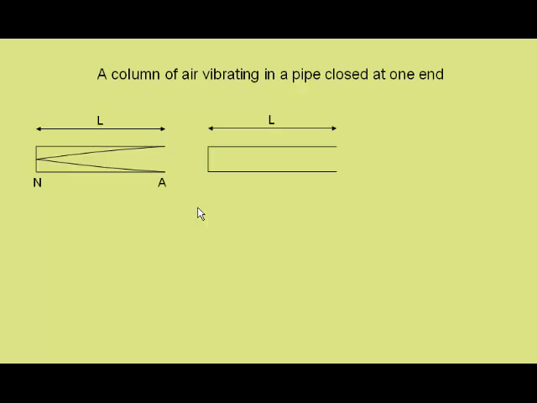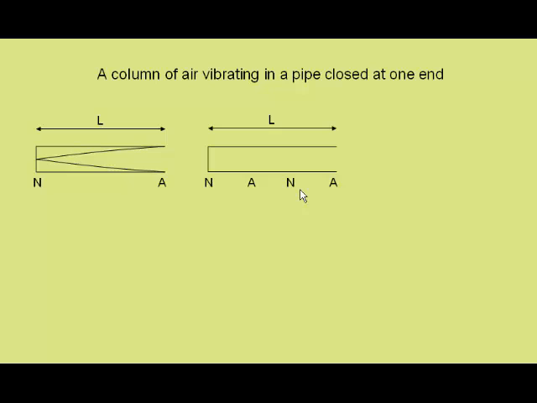A more complex situation would have a node at the end. The air cannot vibrate here. An antinode at the open end, where we must have maximum vibration, but now also another node and antinode in the center.